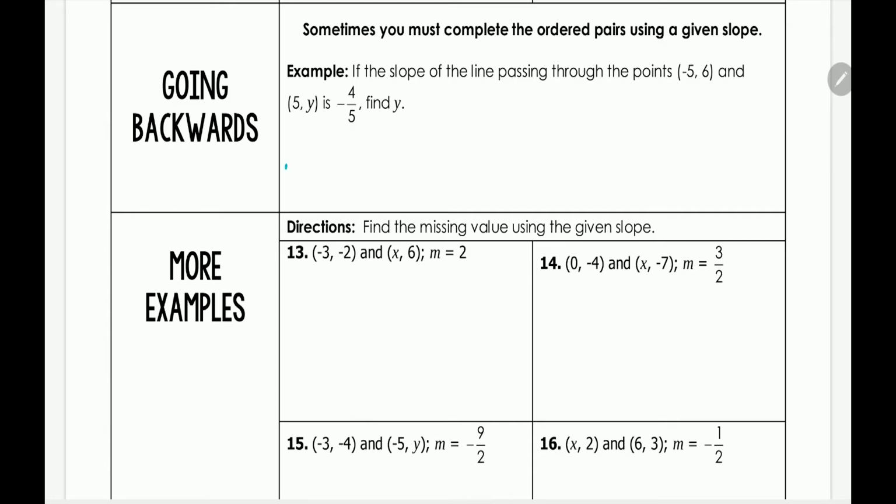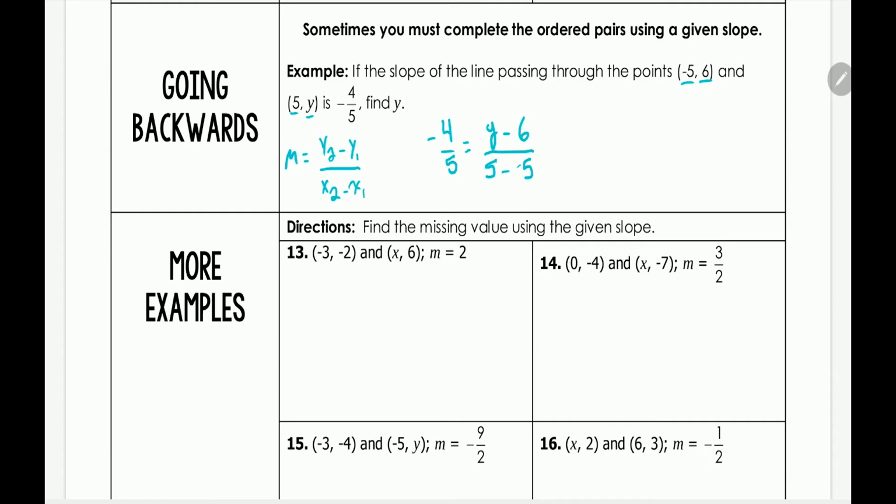So remember our formula is m equals y2 minus y1 over x2 minus x1. Well, we know what m is, so we have -4 over 5 is equal to y2, which is y in this case, minus y1, which is 6, over x2, which is 5, minus x1, which is -5.